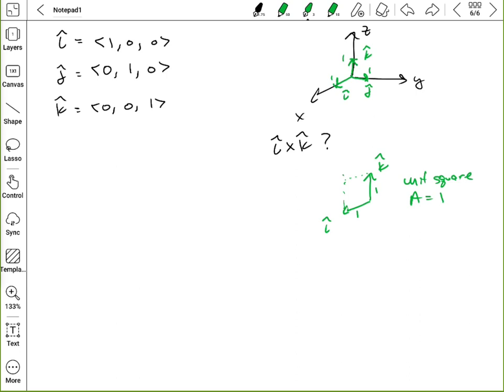Okay. So the area between them is going to be 1. And then the thing that's going to be perpendicular to them is going to come out this way. So that's perpendicular to the plane formed between those two vectors. And it happens to point in the exact same direction as j hat.